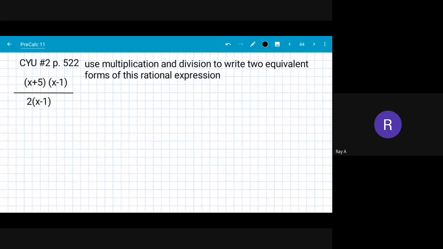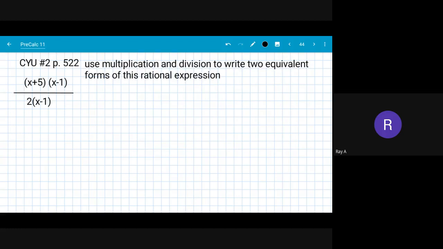Use multiplication and division to write two equivalent forms of this rational expression. This one is really easy because this one is no different from writing equivalent fractions. With equivalent fractions, you can just multiply the top and the bottom by the same thing, and you will have an equivalent expression.